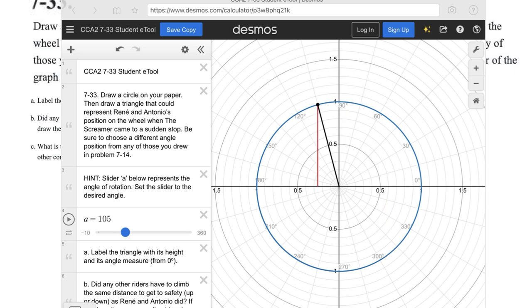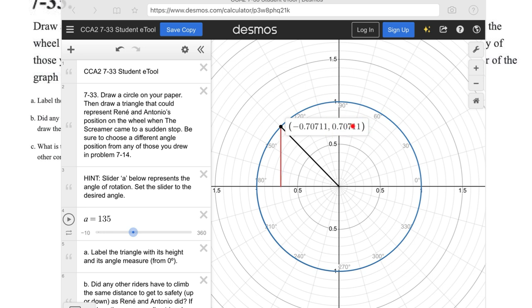So you will draw the circle and then draw that triangle, and label the height and the angle measure. Here, let's say that I decide to use, I don't know, 135 degrees. Then I could click on here, and that would be my different height and the measure. The X value is how far over, the Y value is how far up it's going.